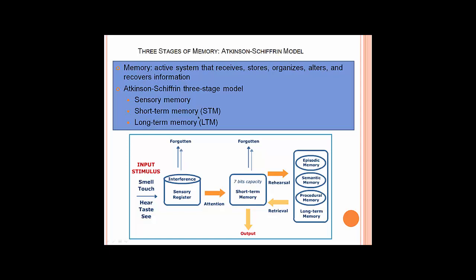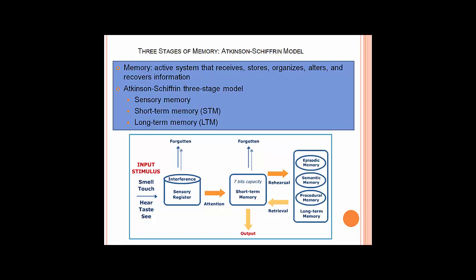So with this little path diagram down here, we say here's input stimulus, and it can be any of the senses that we have discussed so far: smell, touch, hear, taste, vision. Any of these go into a sensory register. That's where they are first encountered.